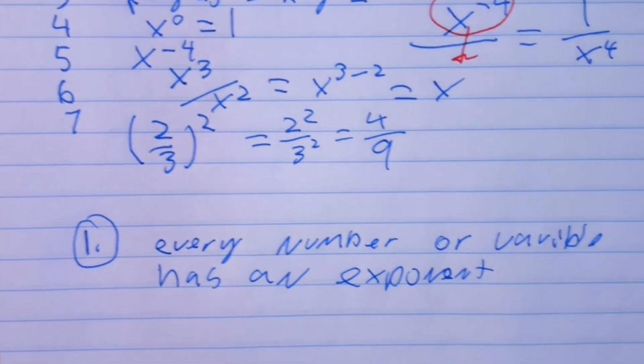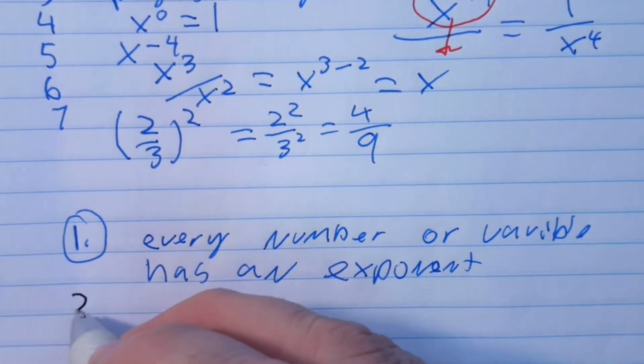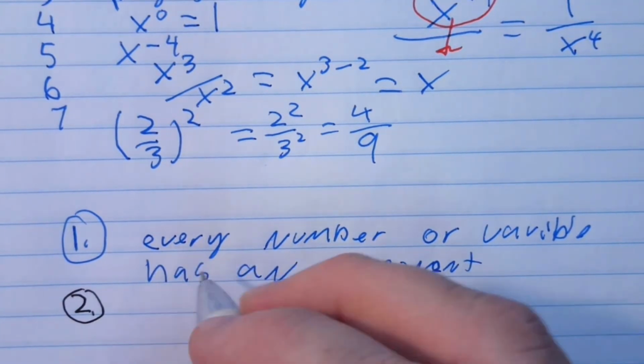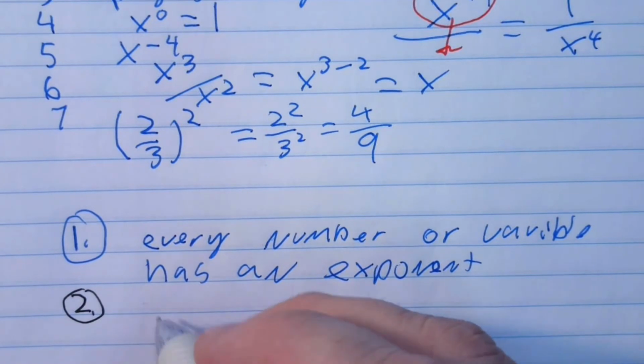Every number or variable has an exponent. The second thing we're going to do is eliminate all of our 0 exponents.